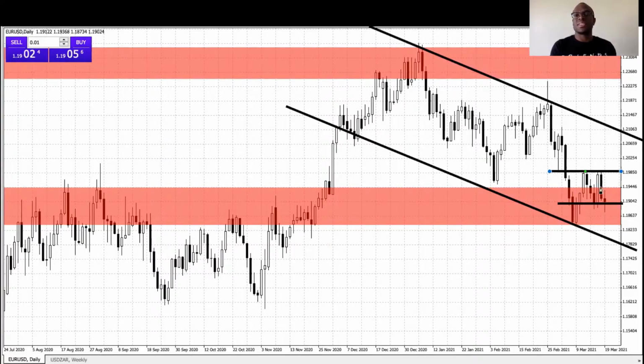So we can also expect the price to continue moving sideways, maybe up to here, until it breaks to the upside or breaks to the downside.